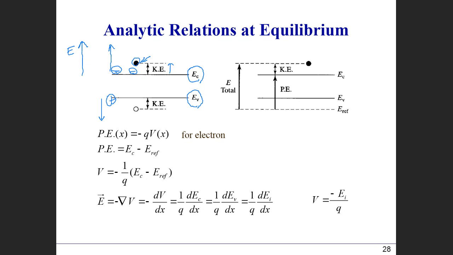So if we look at the energy difference between a hole located in this location and the valence band, the hole located here has this amount of more kinetic energy compared to the valence band edge. Okay, so this concept is very important throughout our class.